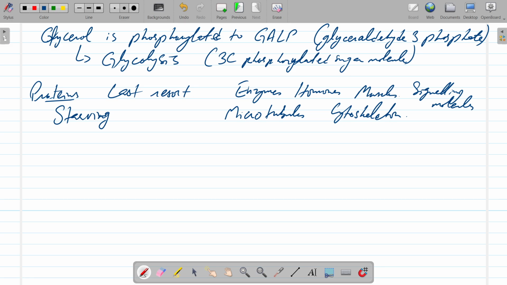So it does produce energy. It produces about as much energy as carbohydrates. But in case the body senses it's starving, it starts breaking down muscle mass.